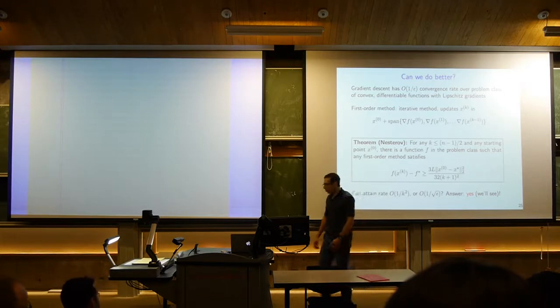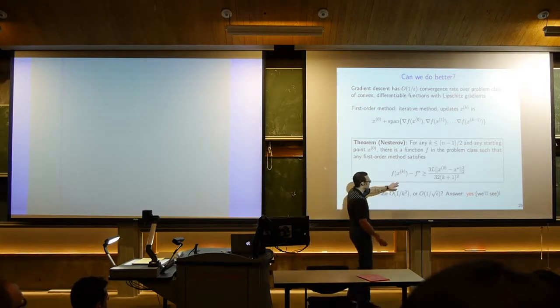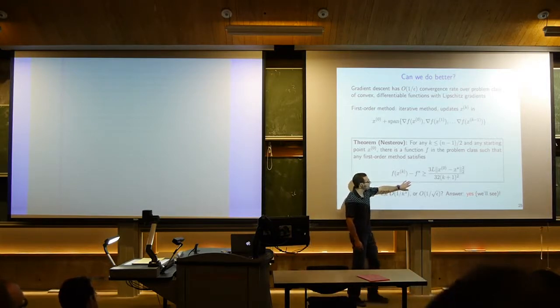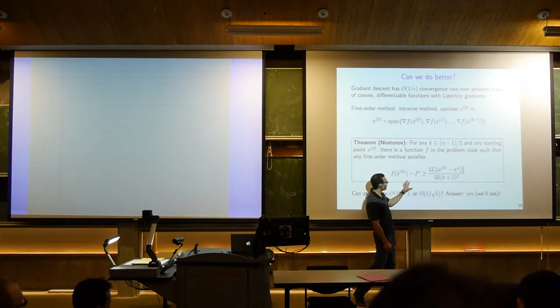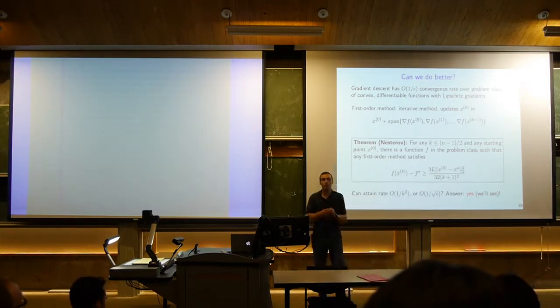It's a very fundamental result of Nesterov from the 80s. And the answer is yes. There actually is a pretty simple method. It's a modification of gradient descent that achieves a bound like this of something over k squared. And now that we have this lower bound, we know that it's actually optimal. So once we write down accelerated gradient descent, we know that essentially nothing can outperform it, at least in terms of rate.